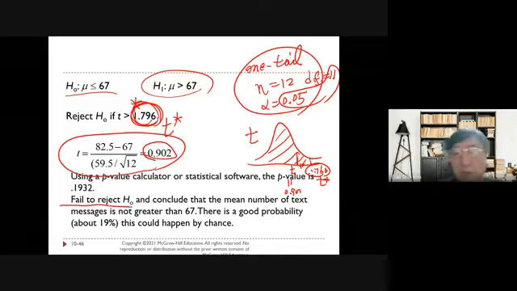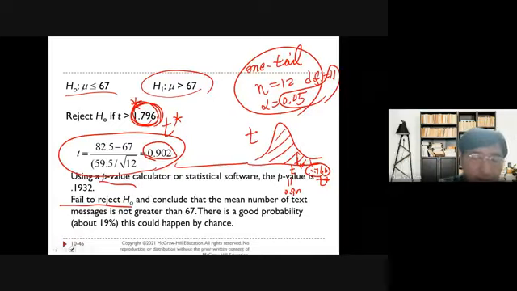That's correct. But the problem is, what is the p-value?